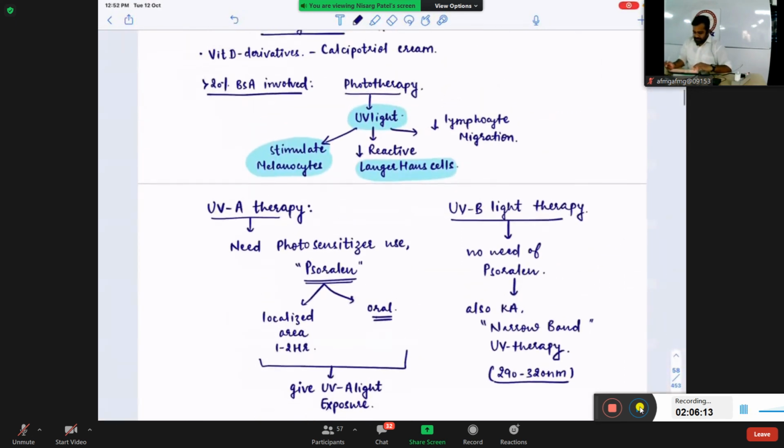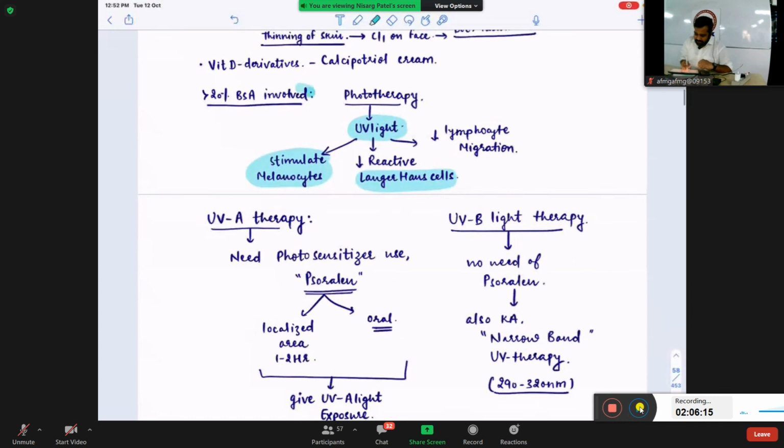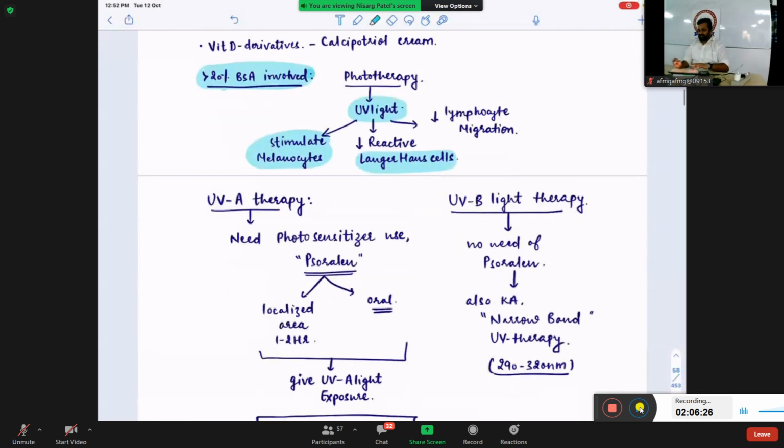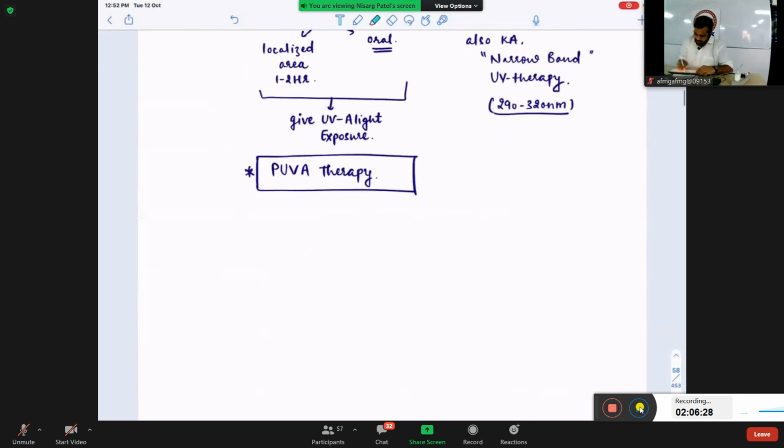If less than 20% body surface area is involved, you don't have to give anything oral. But if more than 20% body surface area is involved, you have to give oral systemic steroids along with the phototherapy.